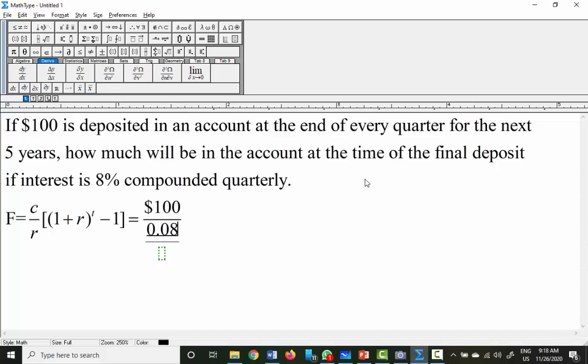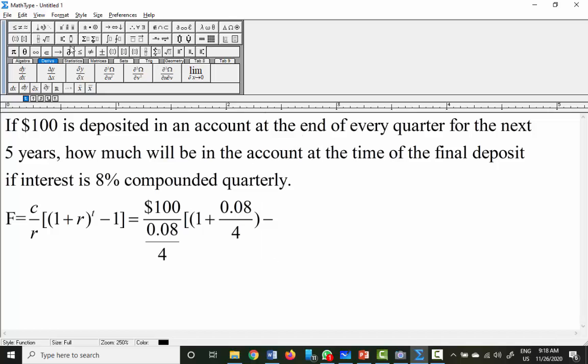So 0.08, that's the yearly rate. If you divide it by 4, you will get the quarterly interest rate. Bracket, and then 1 plus R. So this is the value of R, bracket close.